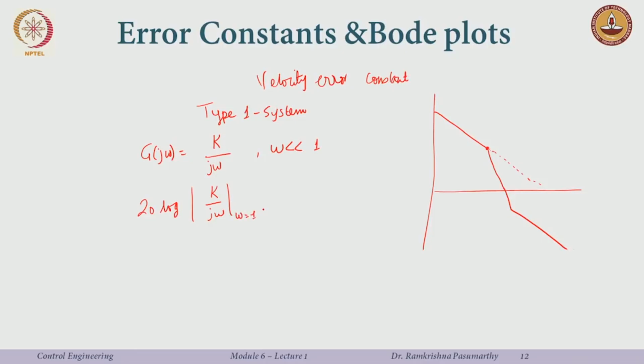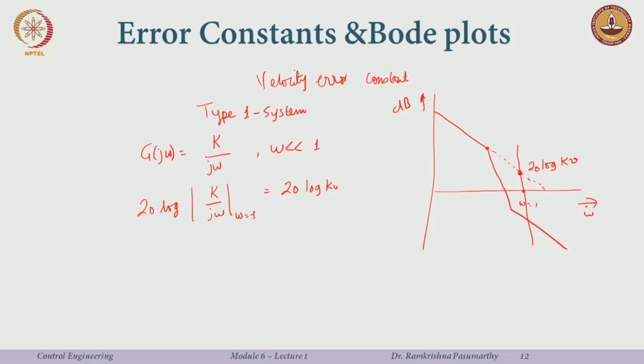Well, at omega equal to 1, the value is 20 log Kv. So, I take omega equal to 1 here, I extend this line and this value would be 20 log Kv. So, this is my magnitude in decibels and this is frequency.